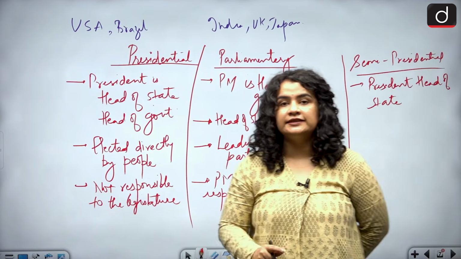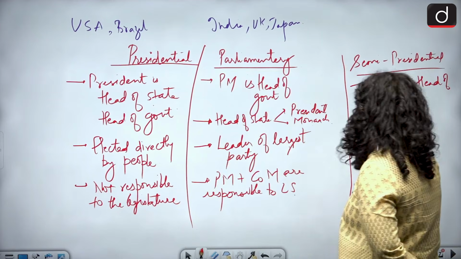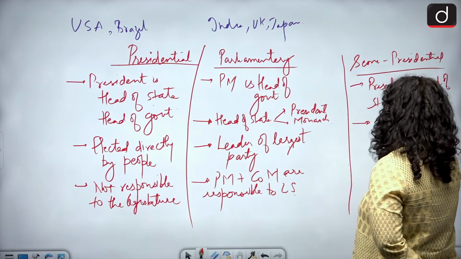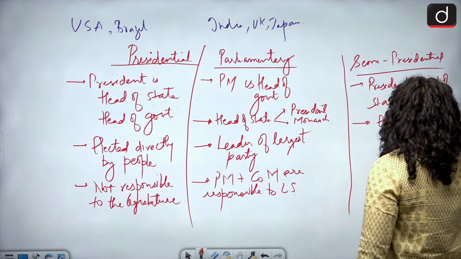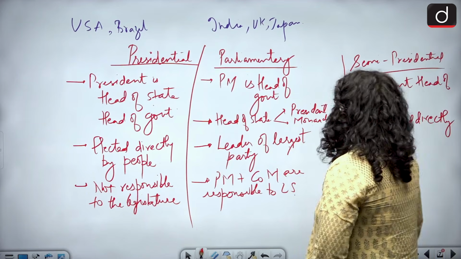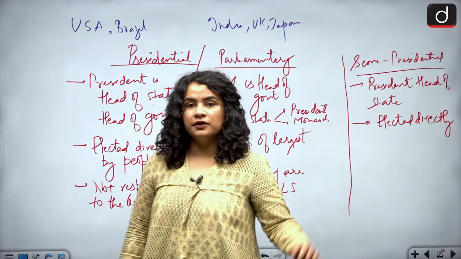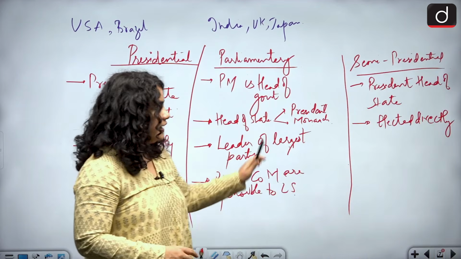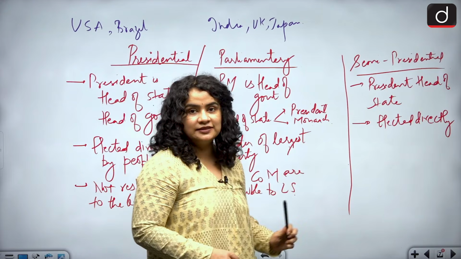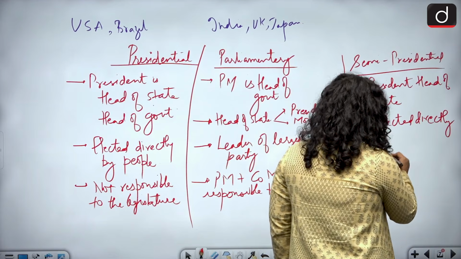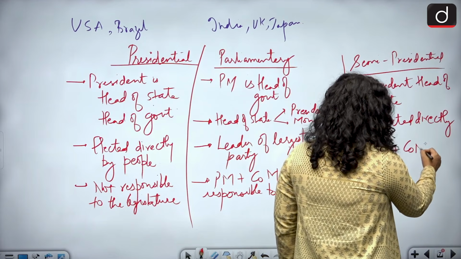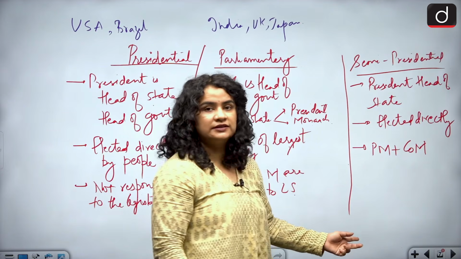Also, the president is elected directly by the people, just like in the US. Now, like the parliamentary form of government, it also has a prime minister and the council of ministers. So, there is a prime minister along with his or her council of ministers.